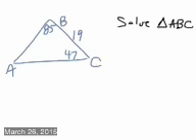That means I want to know how big A is, big B, big C, little a, little b, little c. How many different answers should you have? 6. There's 6 pieces in a triangle. You should have all 6. But it's going to give you 3 of them to start with. So you just have to find the other 3.